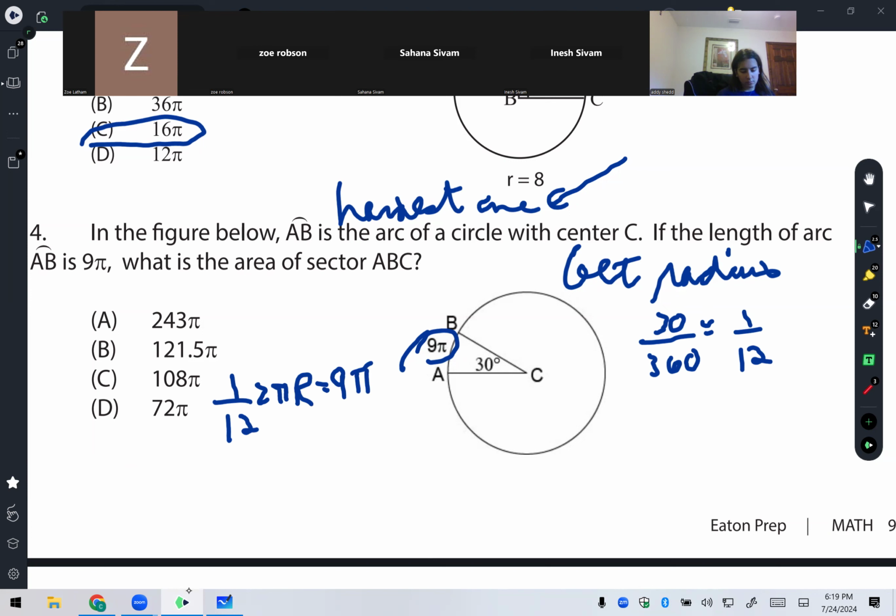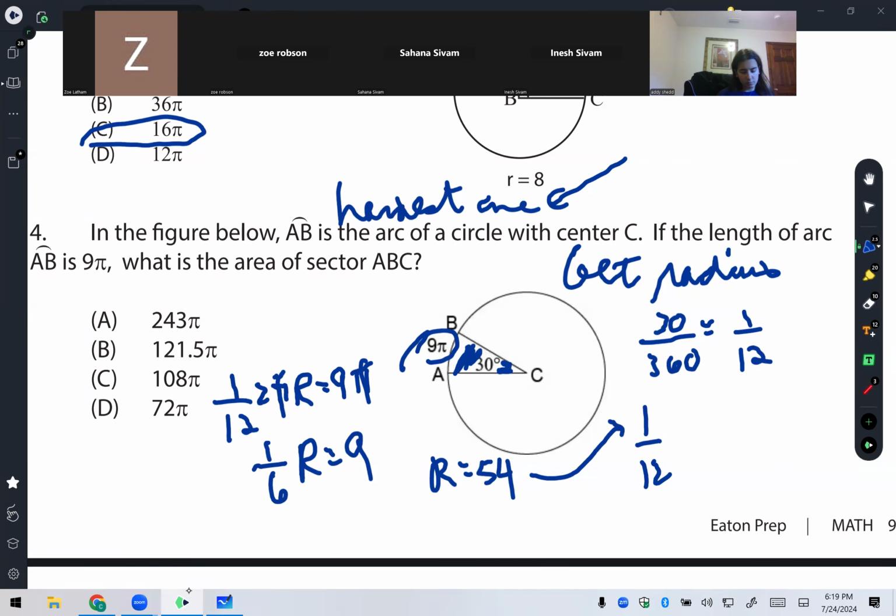So for you intelligent scholars, see if you can get the radius out of this, and then you want the area of this sector. It's 2916 if you want the answer.